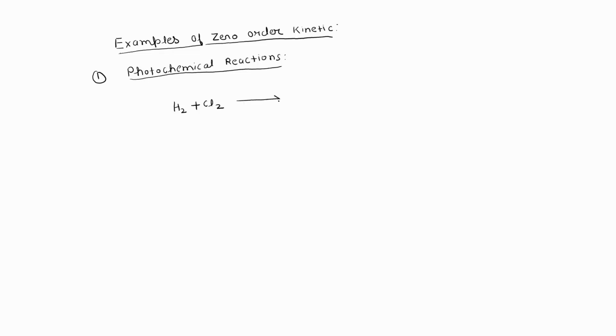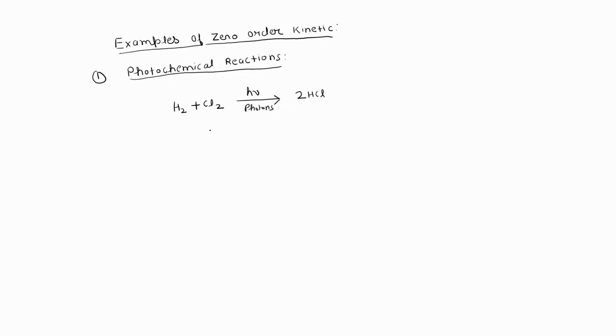follow the zero order reaction type. It means we give intensity of light, that is h nu, that is photons. We give photons, and from those photons, what happens? Your hydrogen molecule will convert into hydrogen free radical, and chlorine molecule will convert into chlorine free radical, and those free radicals will combine with each other and form an HCl molecule.